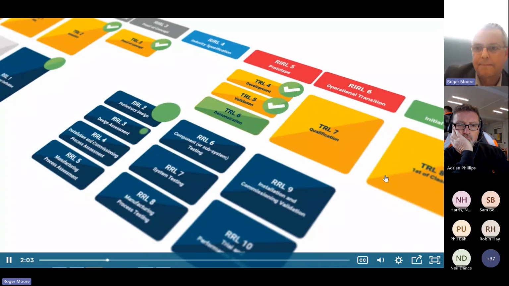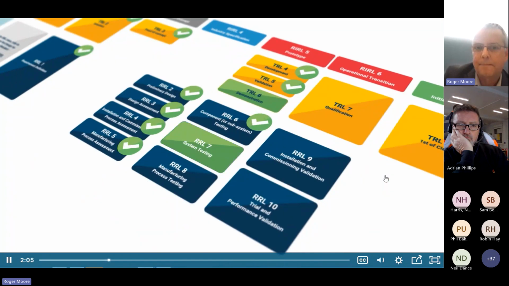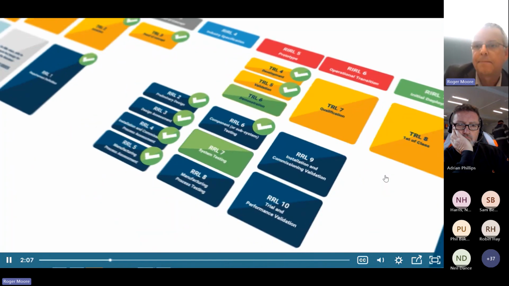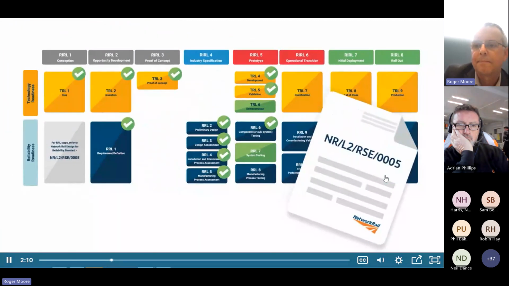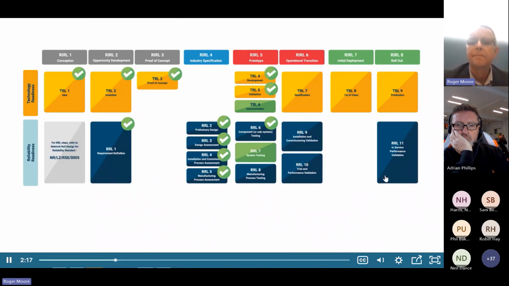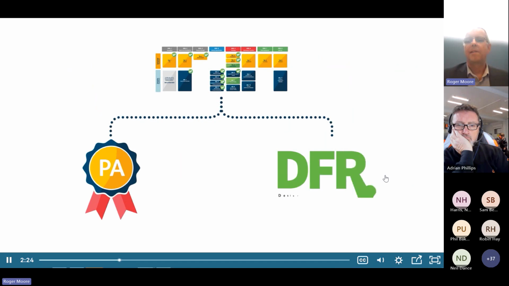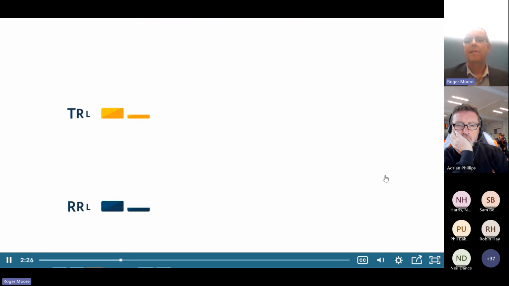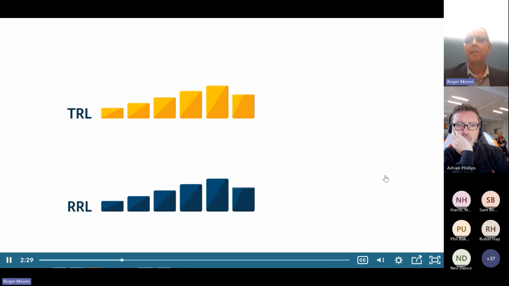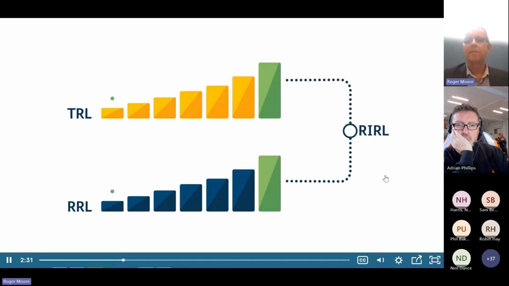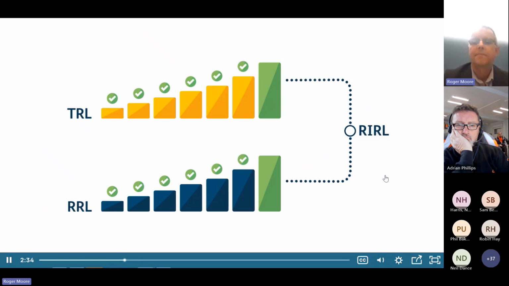Reliability readiness levels up to and including RRL 7 have been completed, as outlined in Design for Reliability Standard NR/L2/RSE/0005. Only the technology and reliability levels within the RIRLs apply to items progressing through product acceptance and design for reliability. When assessing a product's alignment with a matrix, you can only have reached a RIRL if you have met the requirements of both the TRLs and RRLs up to that point.